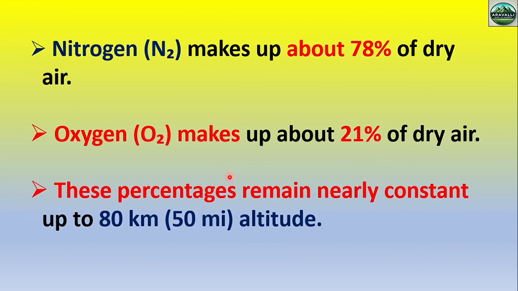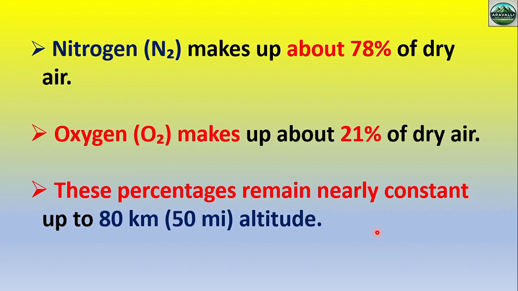This concentration of 78% and 21% is constant up to 80 kilometers, meaning from the surface to 80 kilometers the concentration of these gases is constant. In the troposphere and the stratosphere, the composition of nitrogen and oxygen is 78 and 21%. The mesosphere also has a nitrogen concentration of 78% and oxygen 21%.